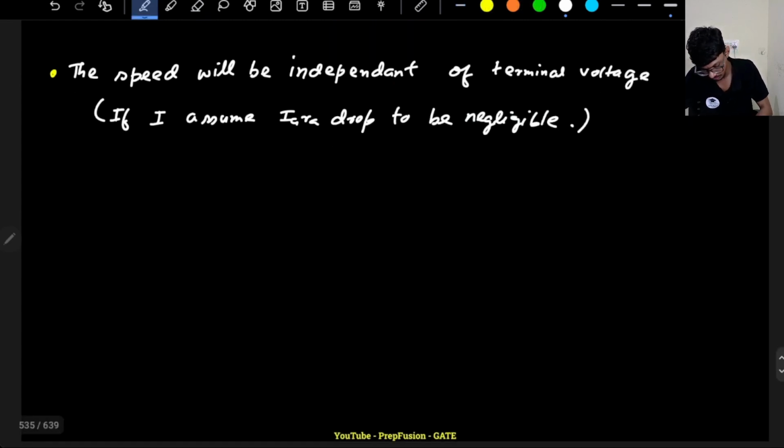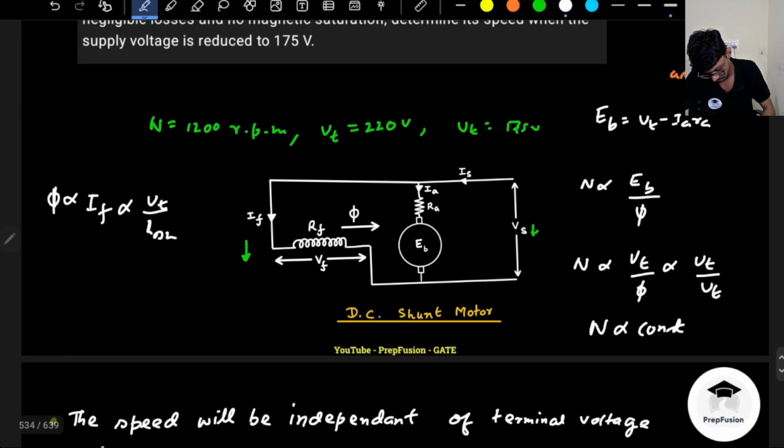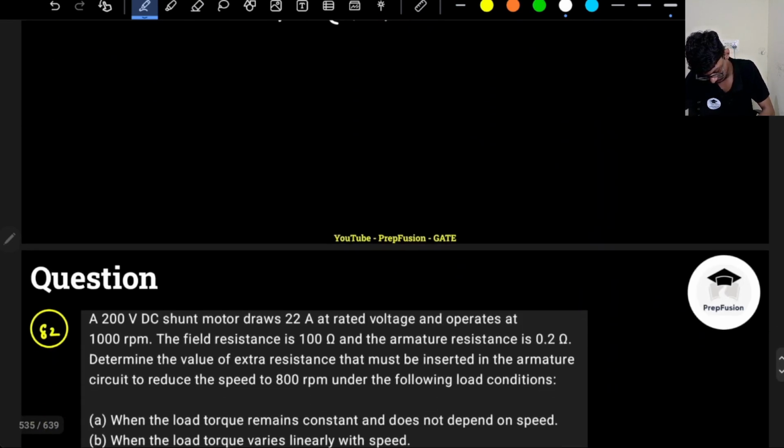So the answer will be N dash equals 1200 rpm. It will not change. This will be the answer, 1200 rpm.